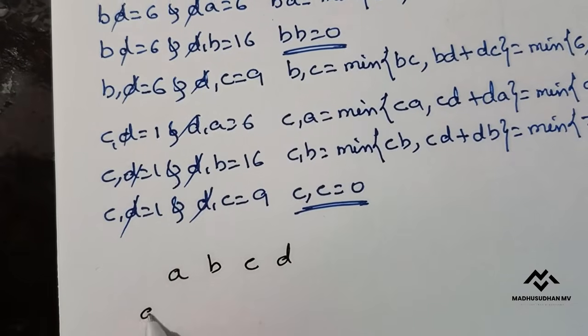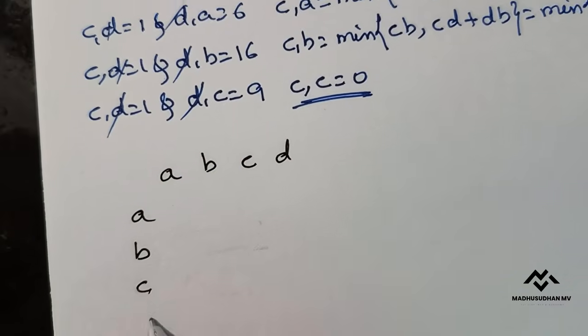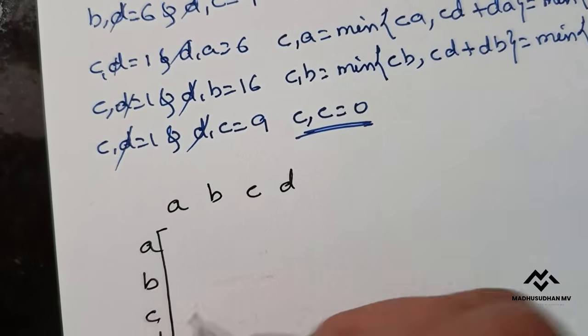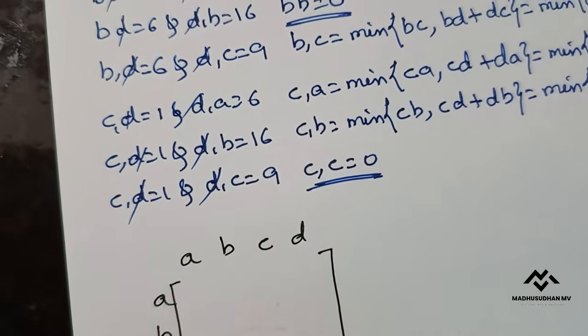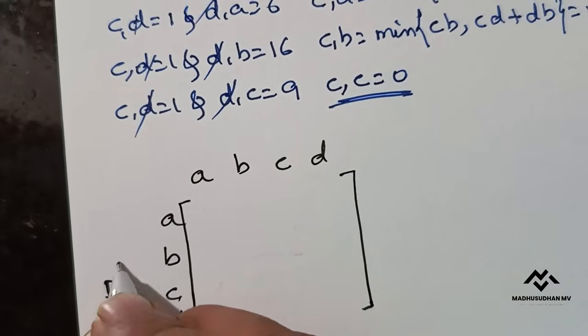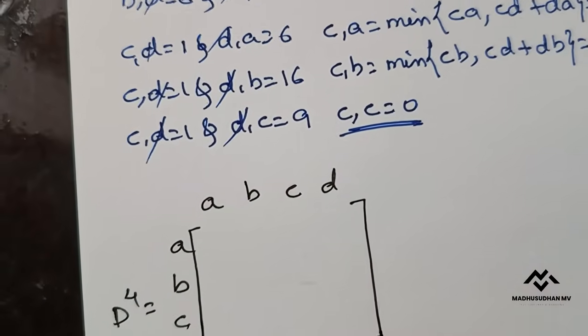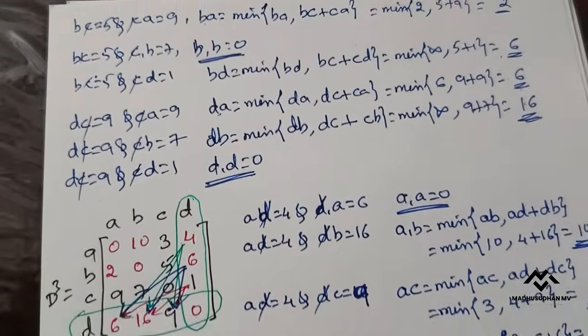So how many nodes are there in our graph? That many D powers we need to do. Here there are 4 nodes, so we did up to D to the power of 4. Now first I'll write the new values I got.